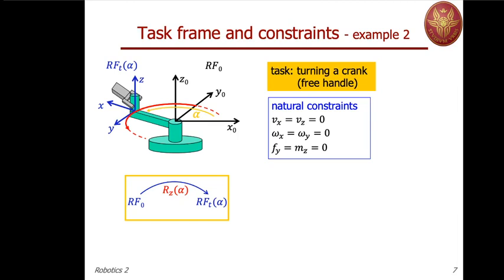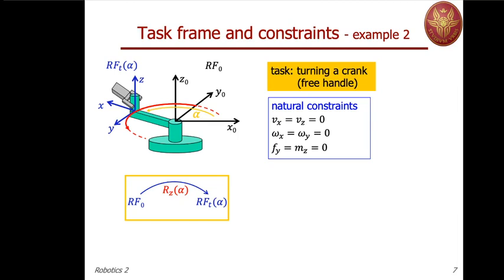But the environment, in fact, cannot oppose any forces applied along the y direction, because this is a free motion direction. And since the handle is free to rotate and there is no friction, remember the ideal assumption at the contact, also there is no moment that the environment, so the crank, can generate around the z-axis.